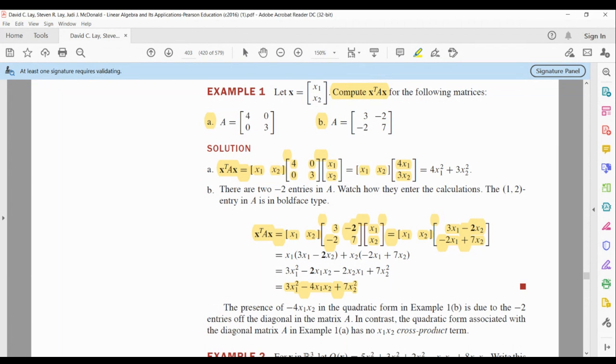Now notice the coefficients in front of x1 squared and x2 squared are just the diagonal entries of the matrix A, the 3 and the 7. And the -4 on that cross product term, x1x2, is due to the -2 entries off the diagonal in the matrix A.